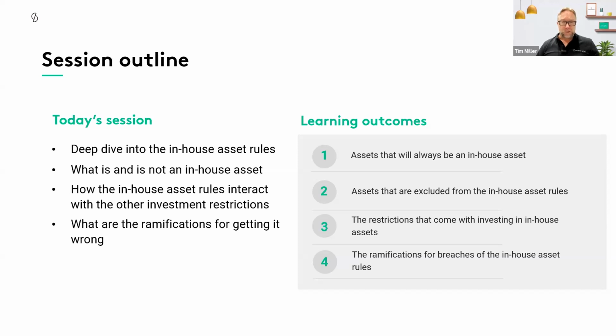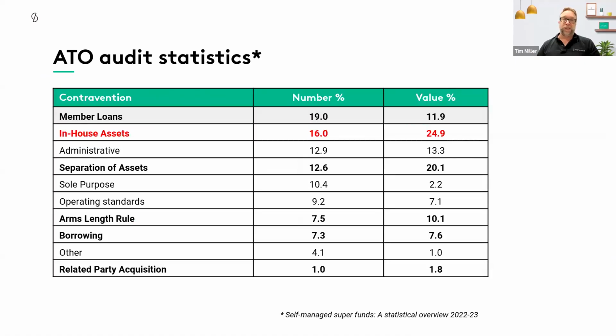So the rules have remained relatively stable in that entire period, but where it's an issue is that the understanding really hasn't changed. As we look at the tax office statistics in regards to in-house assets, it's still the second biggest breach by number of breaches in the SMSF space, behind member loans.